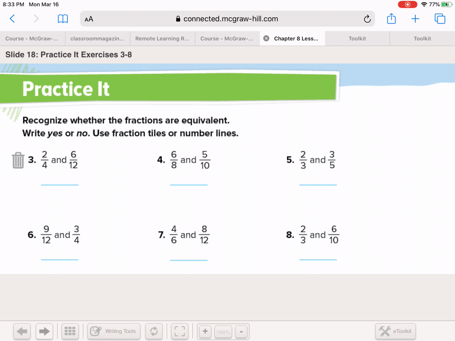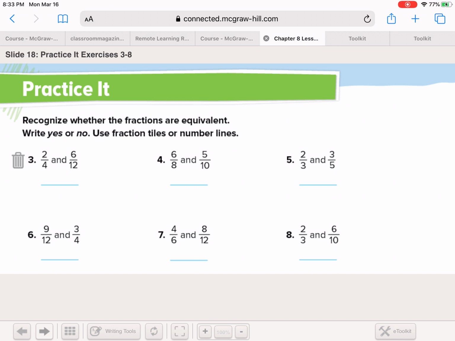Okay. Now here's your practices. I'm going to give you your stuff to do. Hold on. Okay, here's what you're going to do.